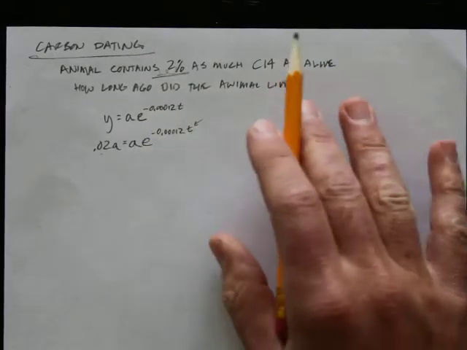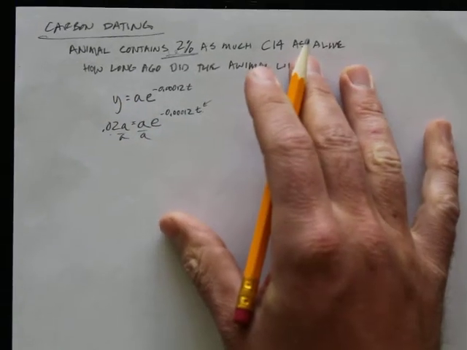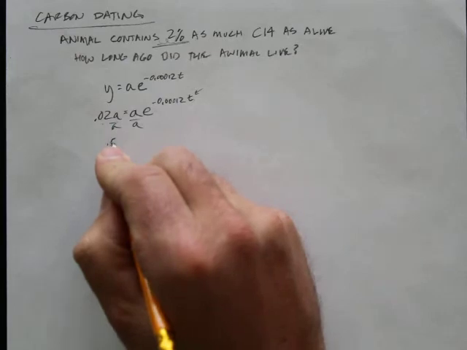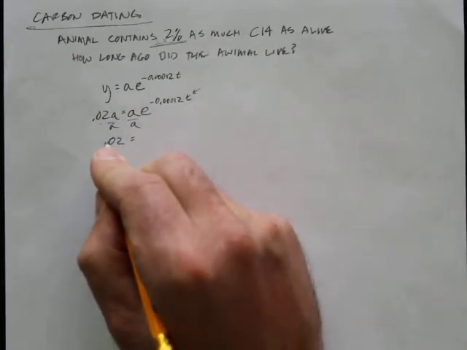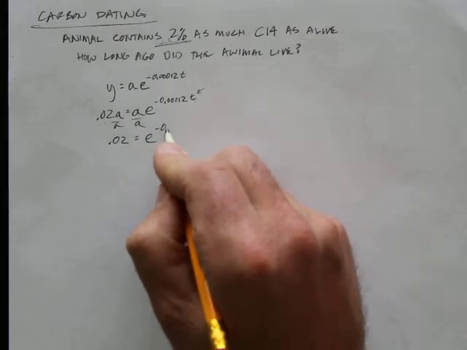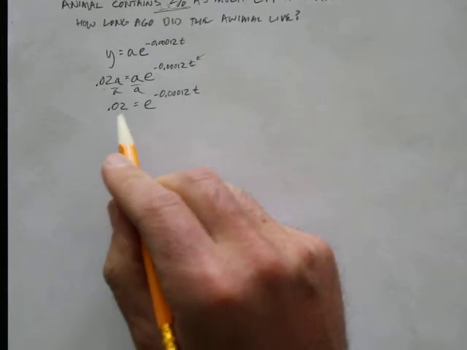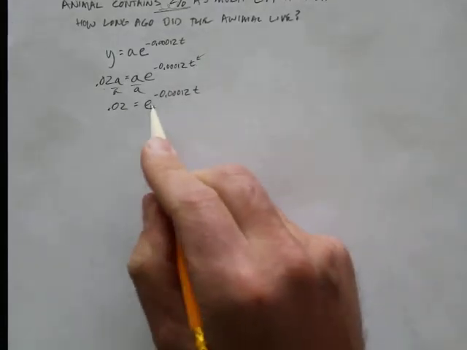All right, so we divide by A, 0.02 equals e to the negative 0.00012 times t. Now we're going to take the natural log of both sides because we've got this e to get rid of.